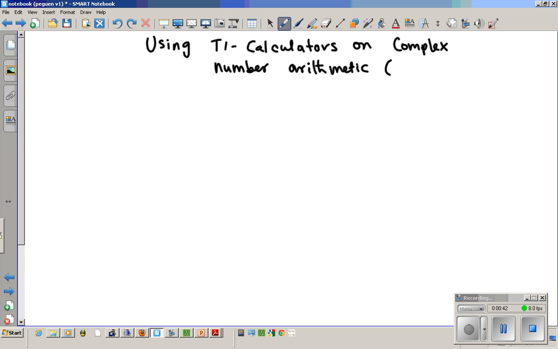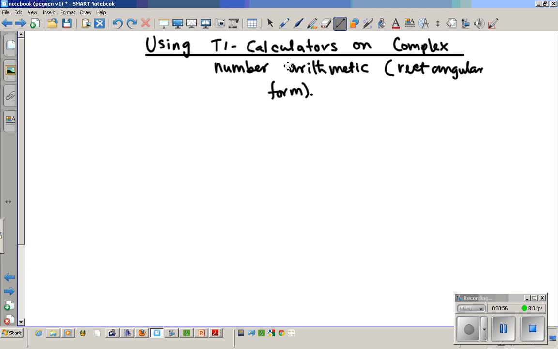We're going to just focus on rectangular form. The TI-89 does a better job with the polar form than the TI-83s and 84s.